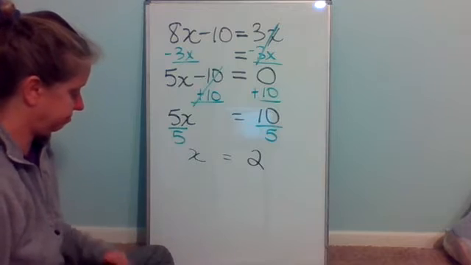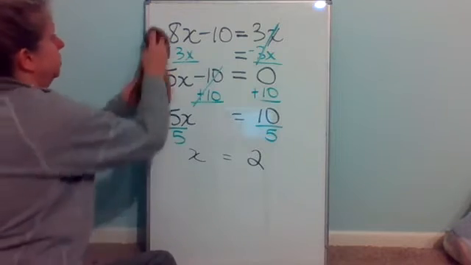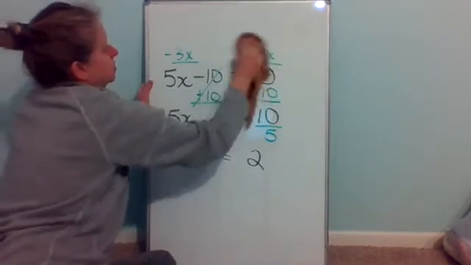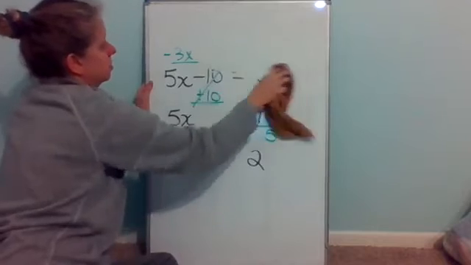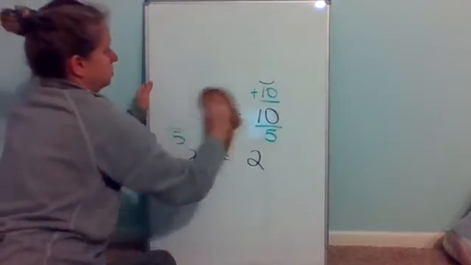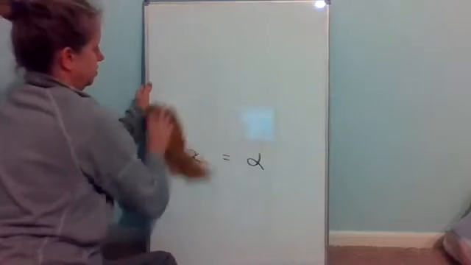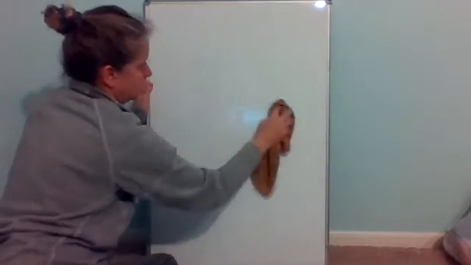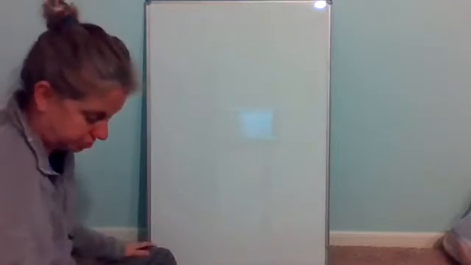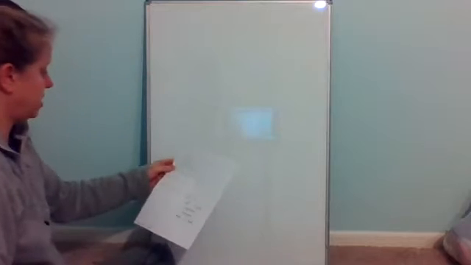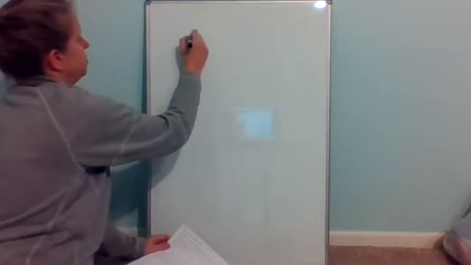All right, number 7. Number 7, x minus 9 equals 5.